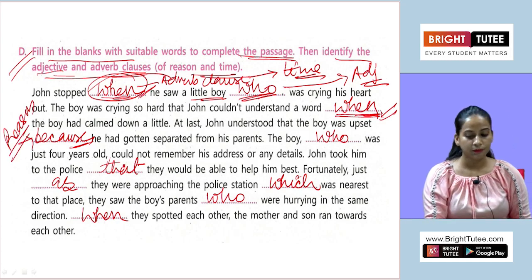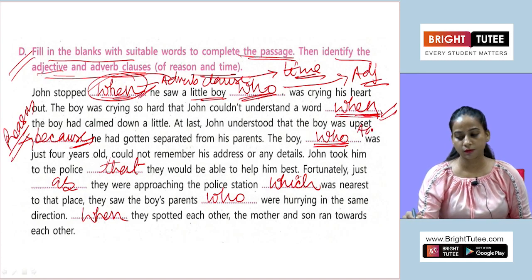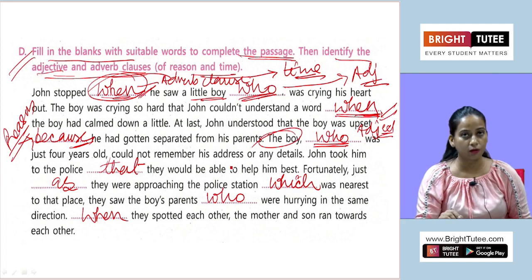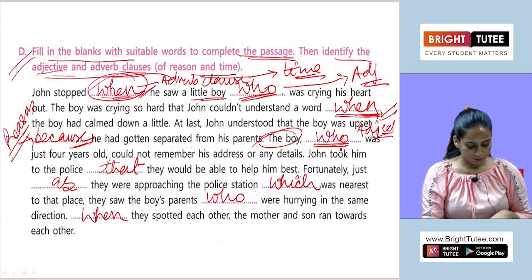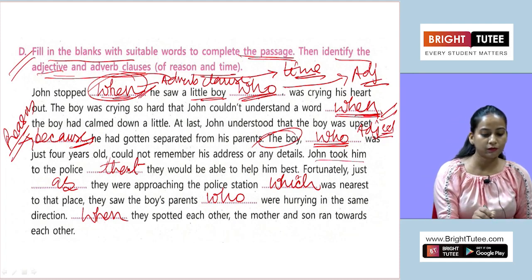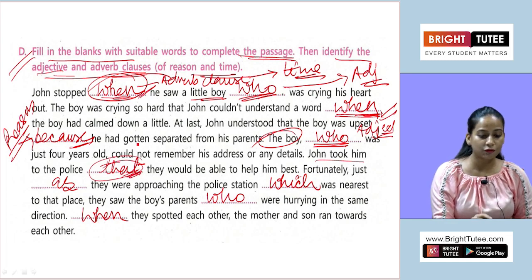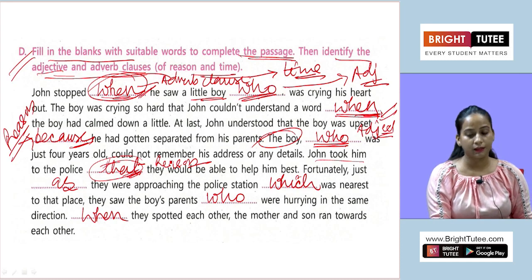Clear? This one. Then the boy, who, this is going to be the adjective clause, because it is qualifying the given noun over here. Then here John took him to the police, so that. The that we have used here is going to be the adverb clause of reason, because it is giving the specific reason for the condition here.